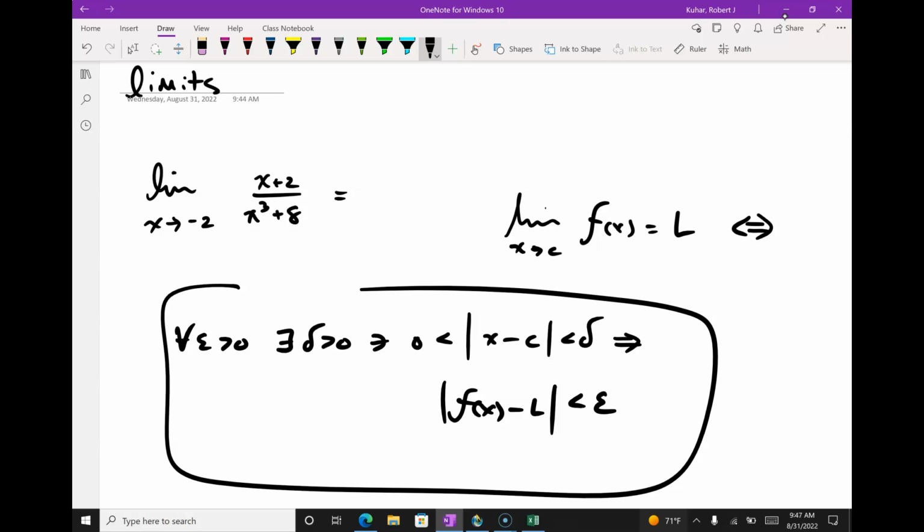What's telling me I don't care about getting to negative 2? Yes, but it has to be bigger than 0. If I say x minus a negative 2, x plus 2, and I put the negative 2 in there, I get 0. I want to make sure I'm never actually getting to the wall. I'm never actually getting to c, but I'm making a prediction about it.